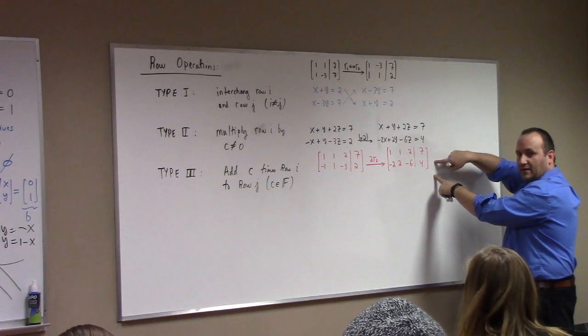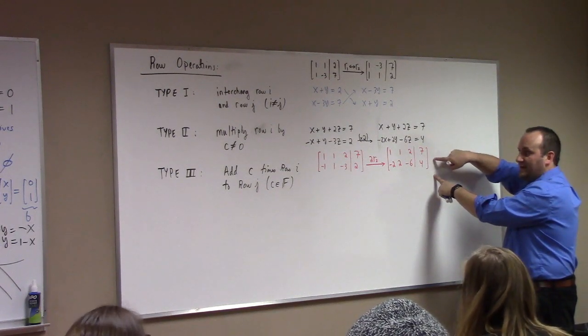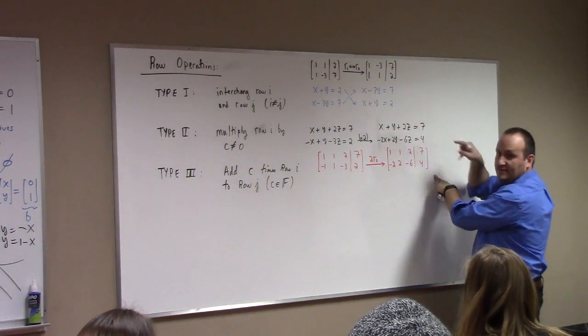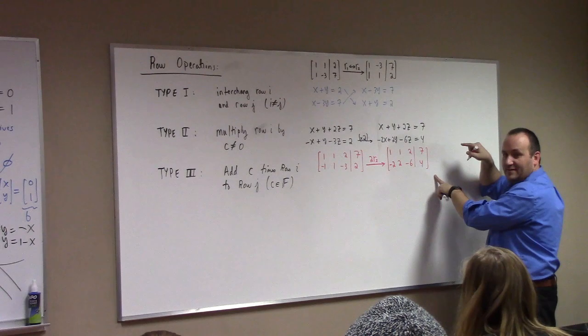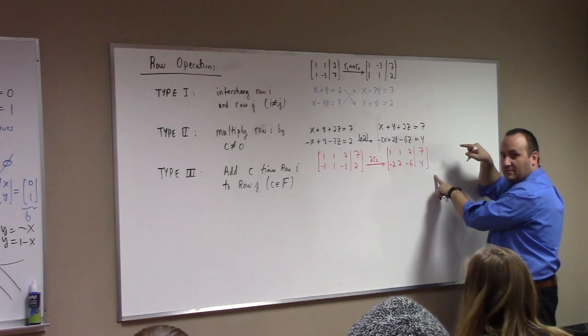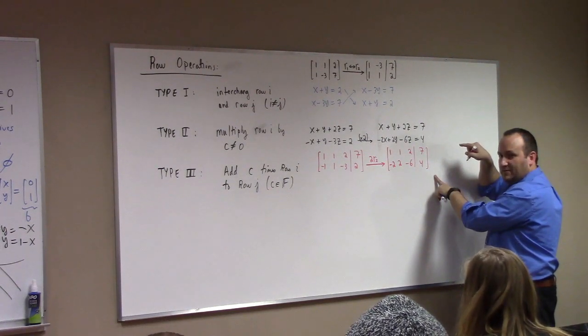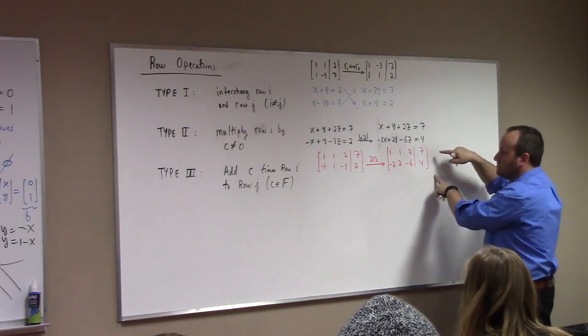The advantage of working with augmented coefficient matrices is we're not writing down x, y, z, x, y, z, right? And after about the 30th variable you write, this gets to be a major labor-saving notation. And it starts to take on a life of its own as we go on.